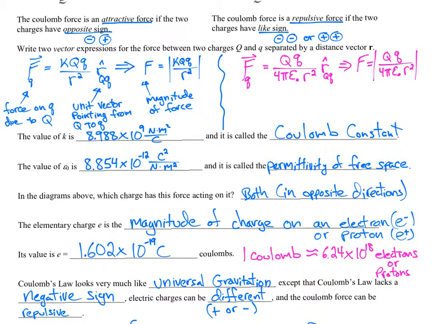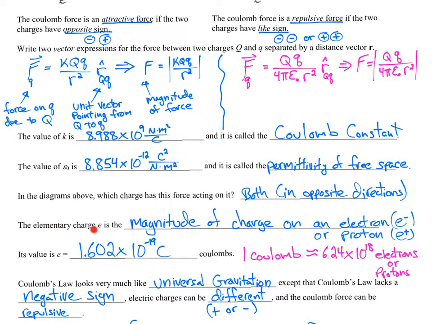They either point towards each other or they point away from each other. These are Newton's third law pairs, right? Equal forces in opposite directions. Forces are always created between two objects that exert forces on each other, and the forces they exert on each other are always equal in magnitude but opposite in direction.